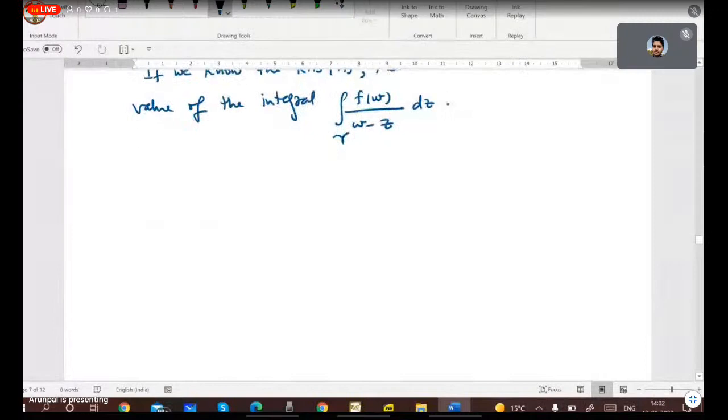Okay, class. So maybe now I can start with the explanation, or you can say proof. Now, class, to write down the proof, I will be making use of the linear structure of the complex plane.